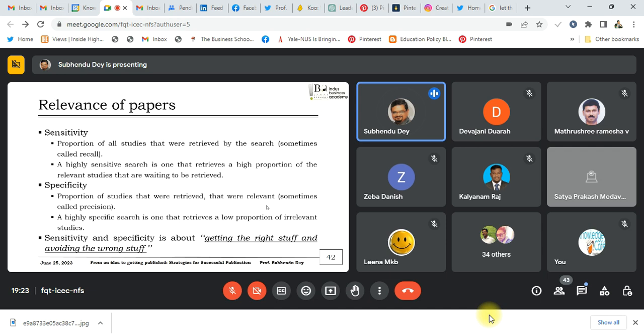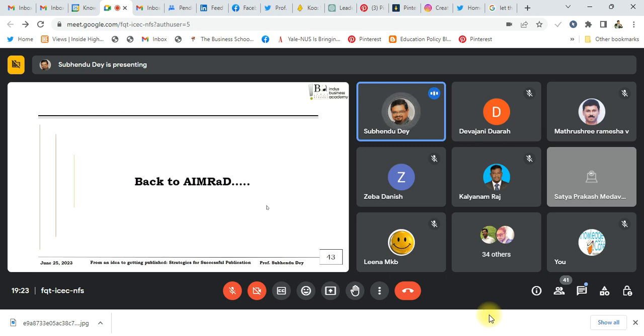So you'll have to ensure that you retrieve as few irrelevant studies as possible. That's increasing the specificity. All right.